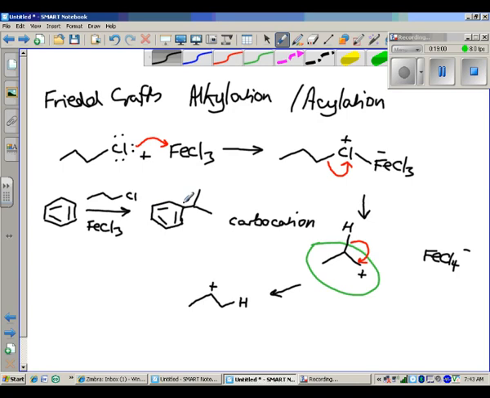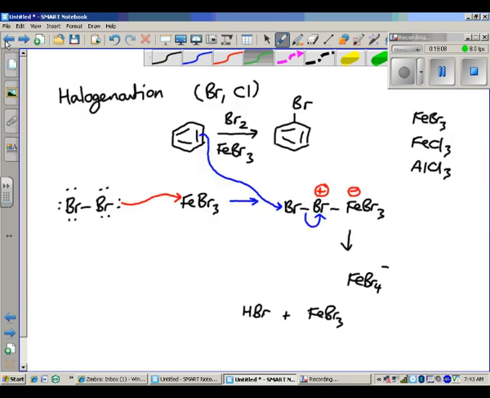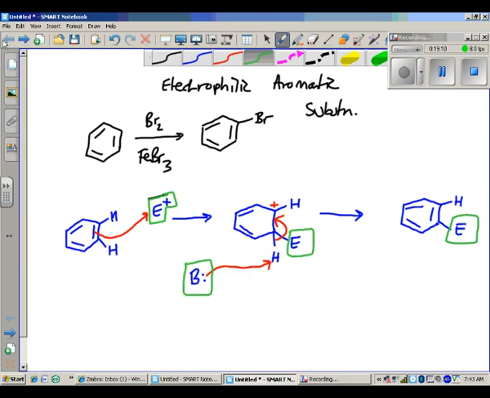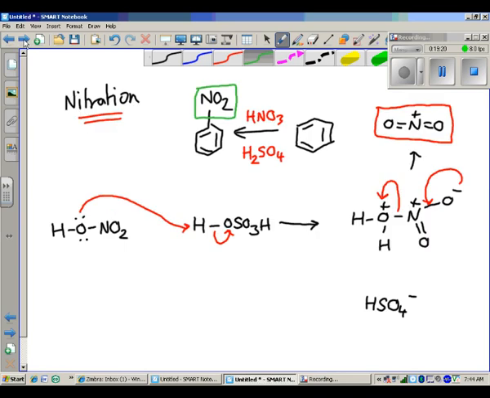That would be the product. That's my substitution reaction, formed from this intermediate. So once again, going back to our front page again, this would be our rearranged carbocation. That would be our isopropyl here, and the FeCl4 minus would be here.